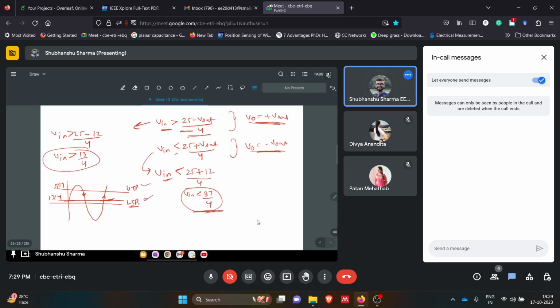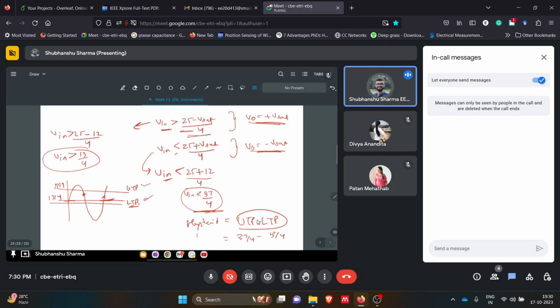So in this way you find UTP and LTP, that is the upper threshold point and lower threshold point. And what is the hysteresis band? It is basically the difference of these two, UTP minus LTP. So it will be 37 by 4 minus 13 by 4.